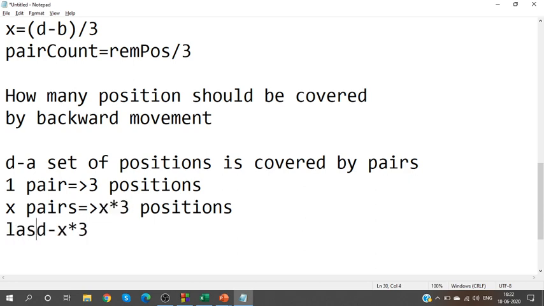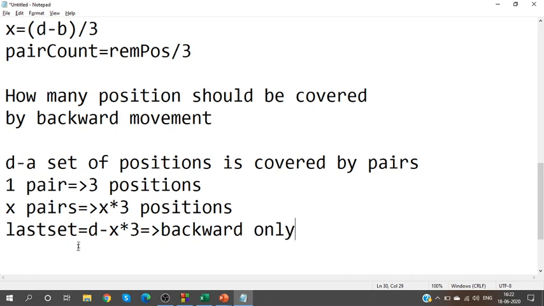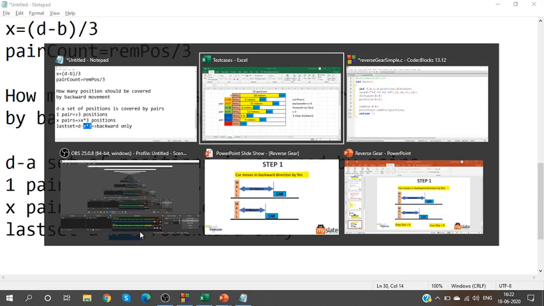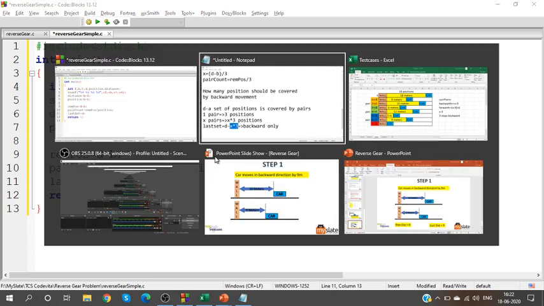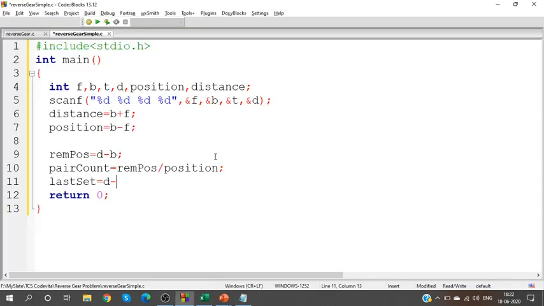This is the last set. Last set means it should be covered by backward only. Can you understand? The last set is total distance minus distance covered by pairs.